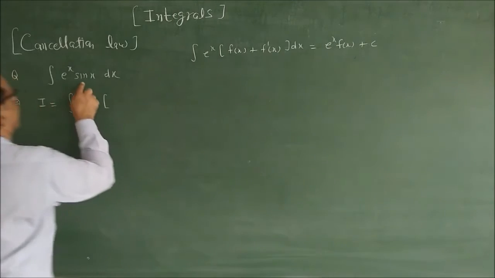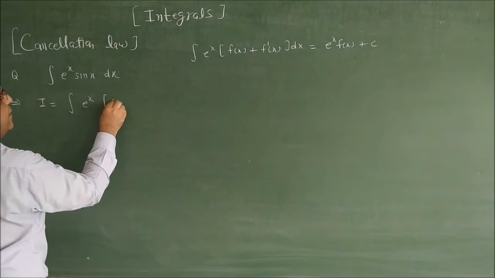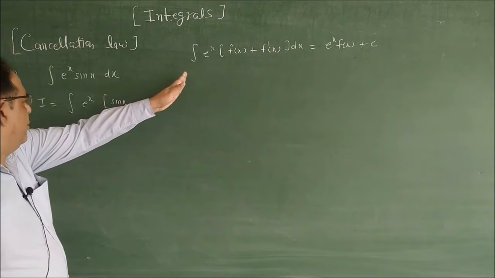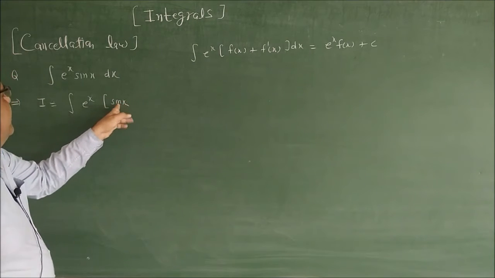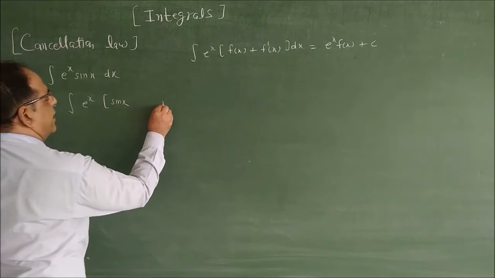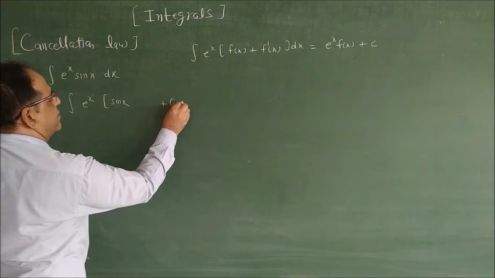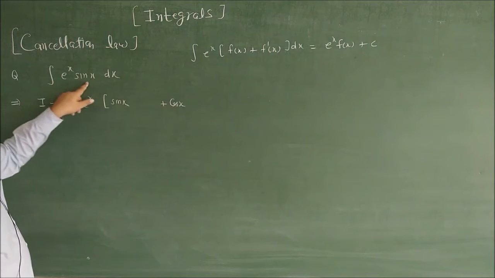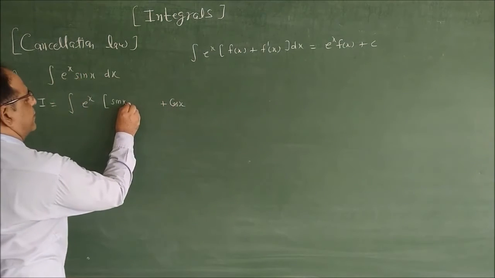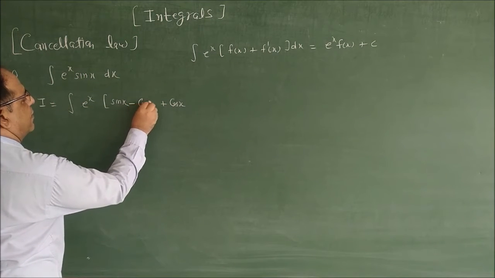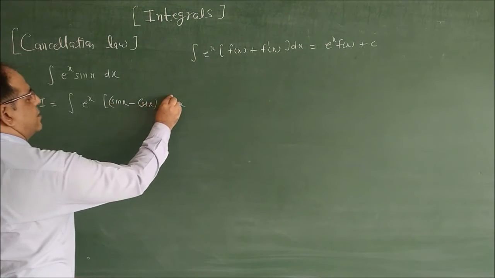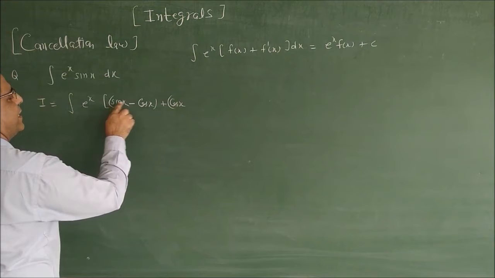Now sin x is the function, but according to the cancellation law, we need the differential of sin x here. So put sin x; the differential of sin x is cos x. But cos x is an extra term because we have only sin x. So for balancing we put cos x.